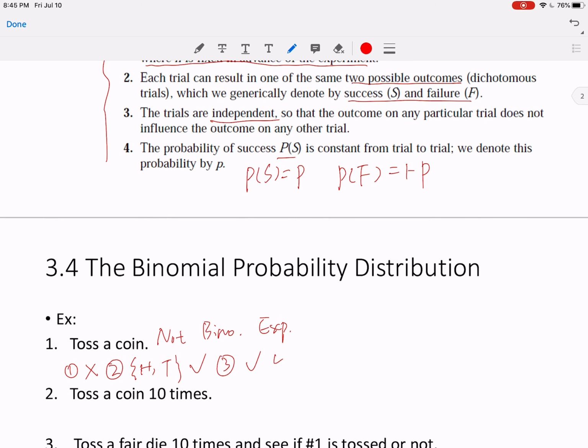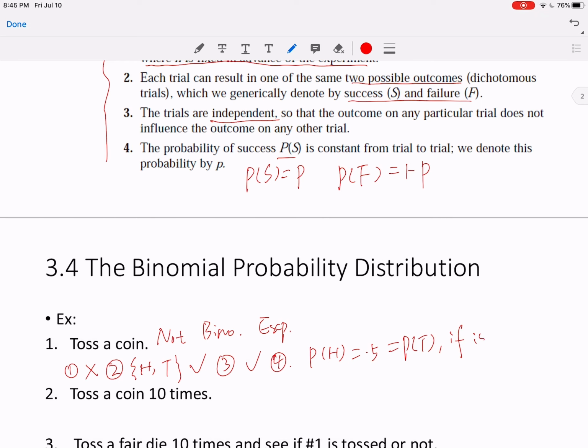Number four, the probability of success is constant from trial to trial. We denote this probability by P. So I think this is satisfied as well, because if we toss a coin, the probability of, for example, a head is constant. If it's a fair coin, it's going to be equal to 0.5, which is equal to the probability of a tail.